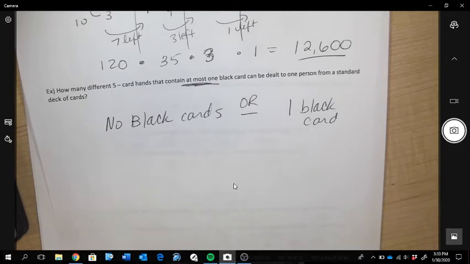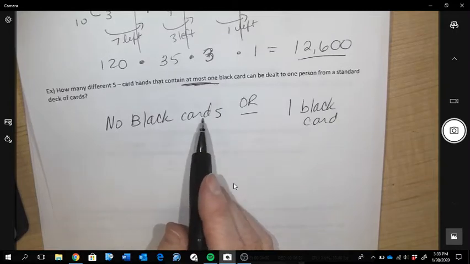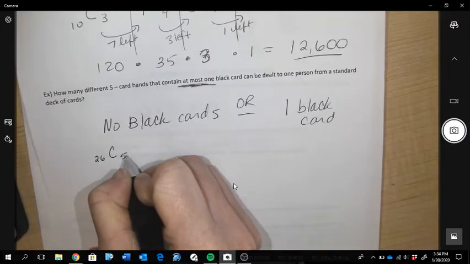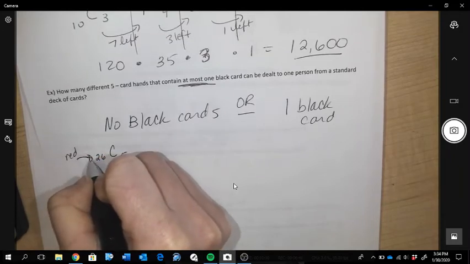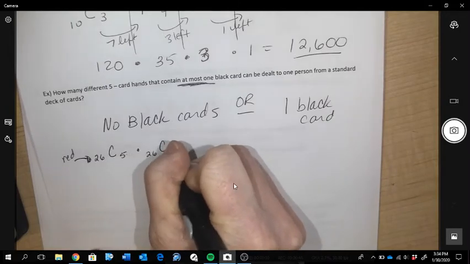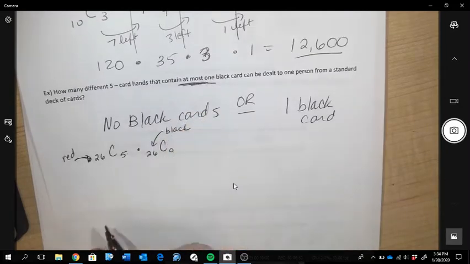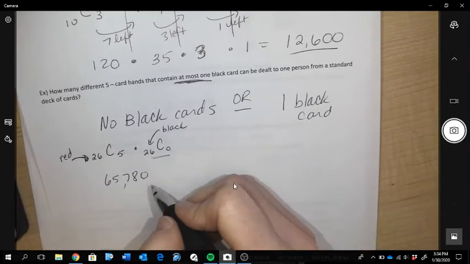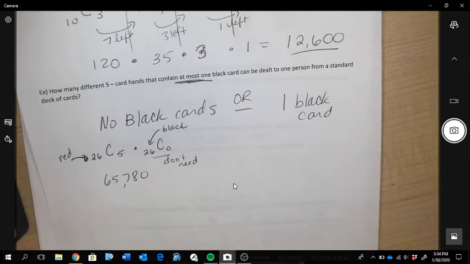Okay, so if you have no black cards in your hand, then you have 5 cards that come from the 26 red. And if you really want, you're technically saying, I'm choosing no black cards. This piece right here, you don't need, because it's irrelevant.